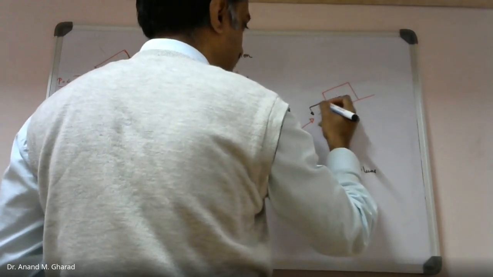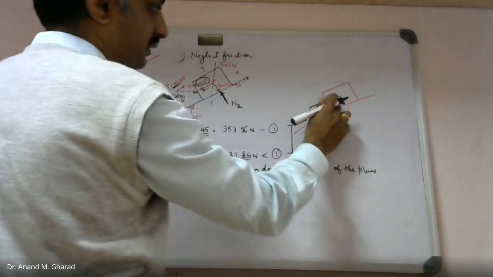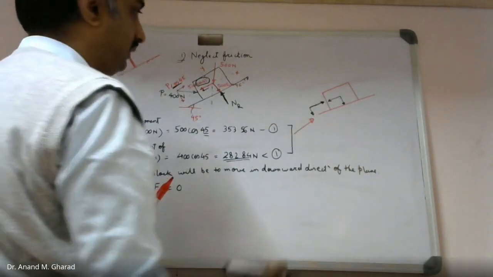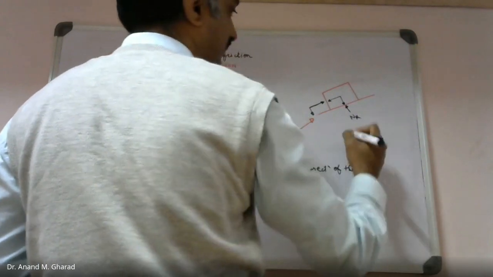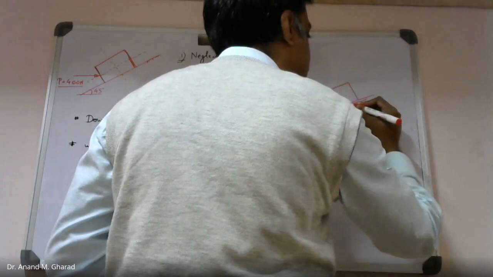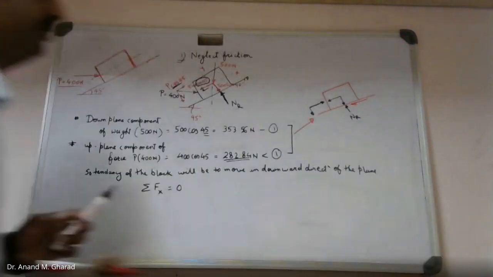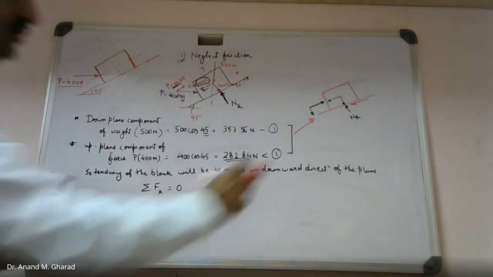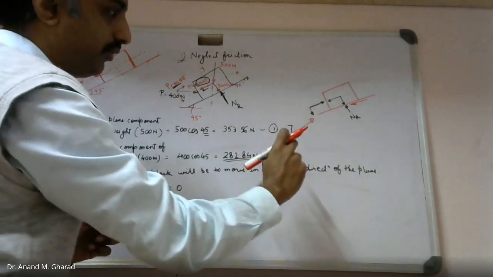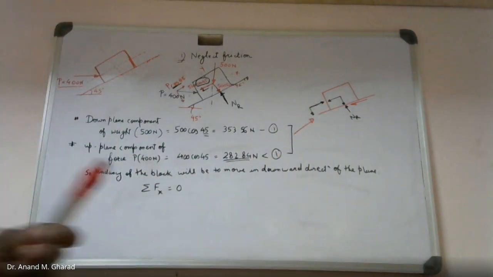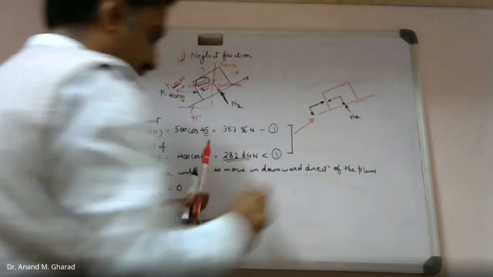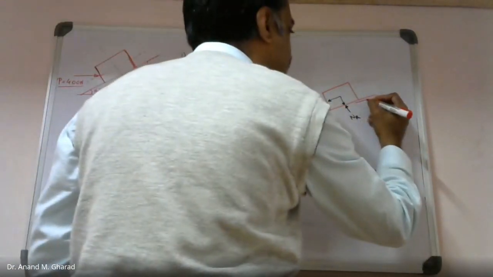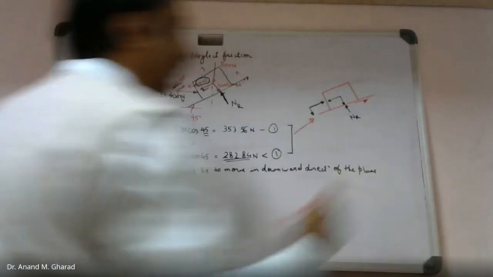So these are the components of force, and these are the components of the weight, right? This is the normal reaction. We are interested in finding out this frictional resistance as mentioned in your numerical. Now, since the direction of the block is in the downward direction, therefore frictional resistance shall be in the upward direction.